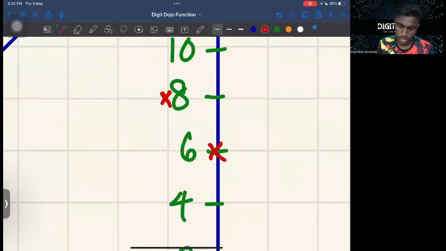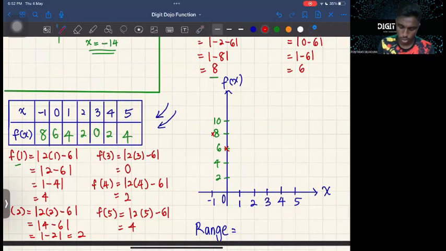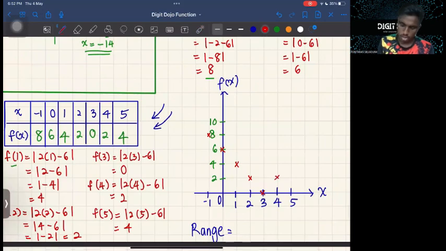And next, when x is 1, f(x) is 4; x is 2, f(x) is 2; x is 3, f(x) is 0; x is 4, f(x) is 2; x is 5, f(x) is 4.